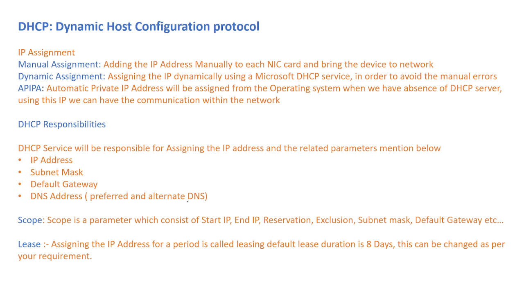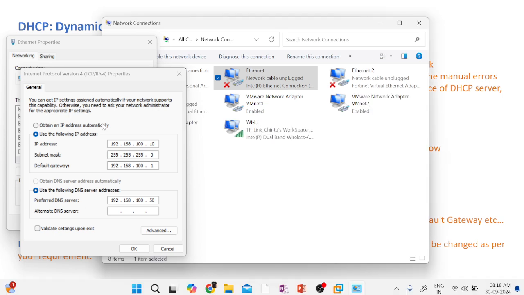Sometimes the network interface card is set to get the IP address automatically. If you go to your network interface card here, ncpa.cpl, I'll quickly show you that. Here you see there are two options. One is obtain an IP address automatically, and obtain DNS server address automatically.